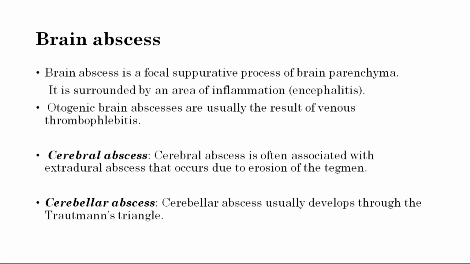If it develops in the temporal lobe, then the patient will have homonymous hemianopia, and they have nominal aphasia. Means they cannot name an object, but they can tell how the object is used, for what purpose it is used, but they cannot name it. So that is the feature of temporal lobe abscess.